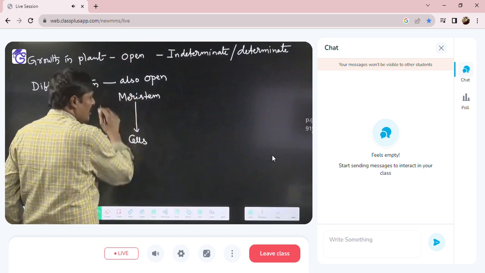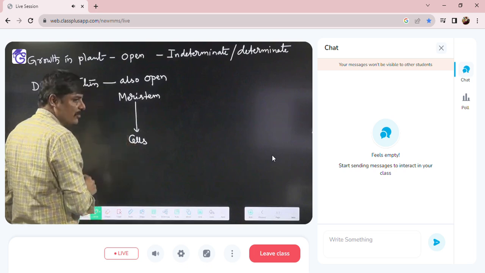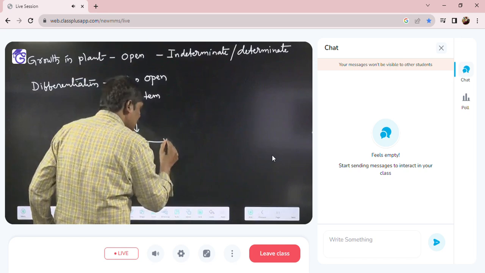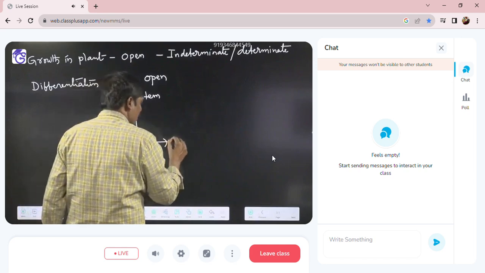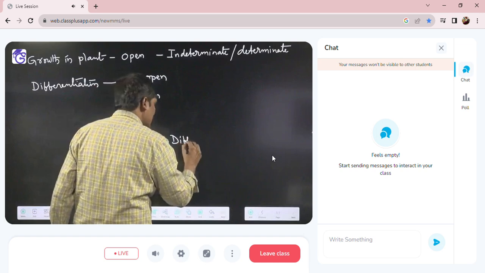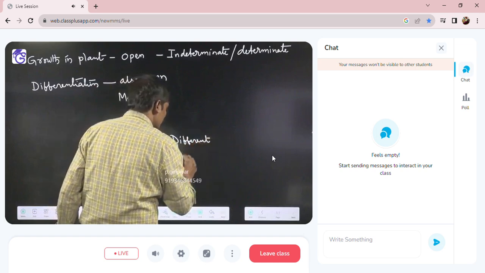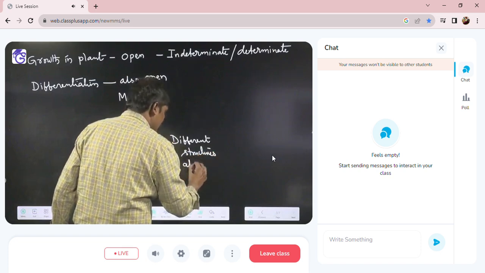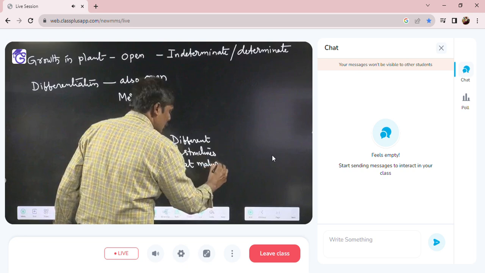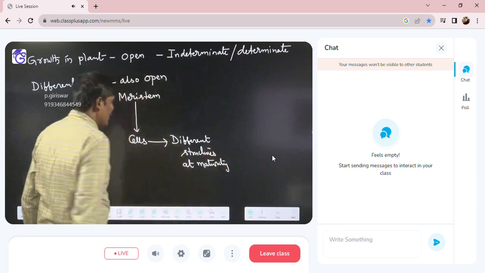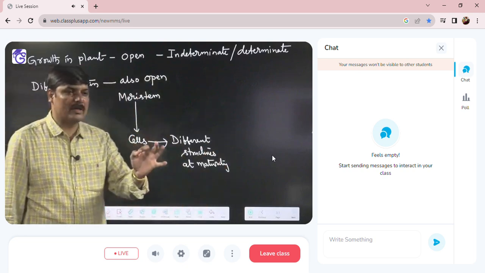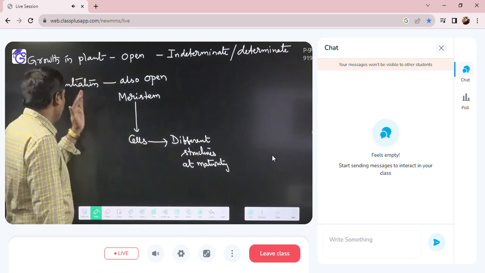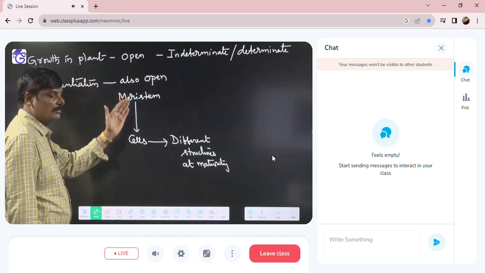The meristem undergoes cell division and several cells are formed. The cells formed from the same meristem form different structures at maturity. That is why differentiation is also open. Try to understand this.